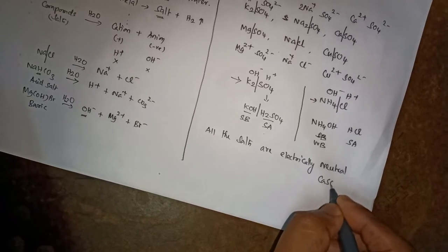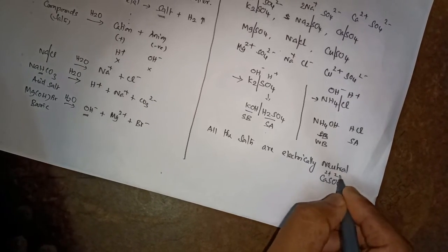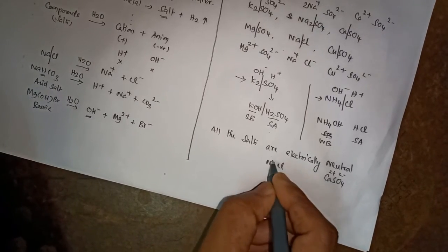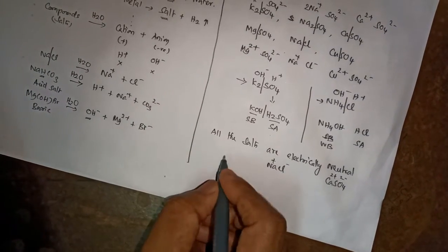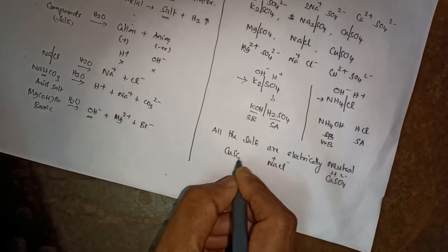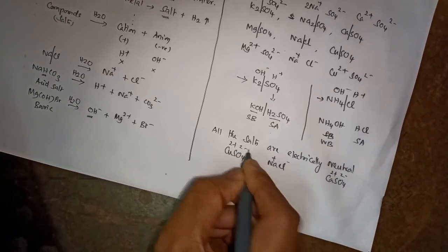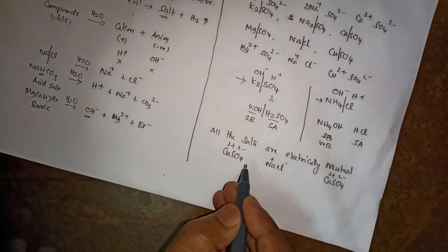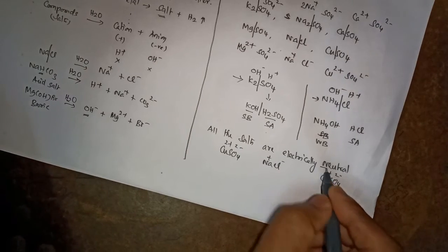Suppose I take calcium sulfate, 2 plus 2 minus, so plus and minus are equal. Sodium chloride, plus minus equal. Copper sulfate, 2 plus 2 minus. So total positive charge is equal to total negative charge. So all the salts are called electrically neutral.